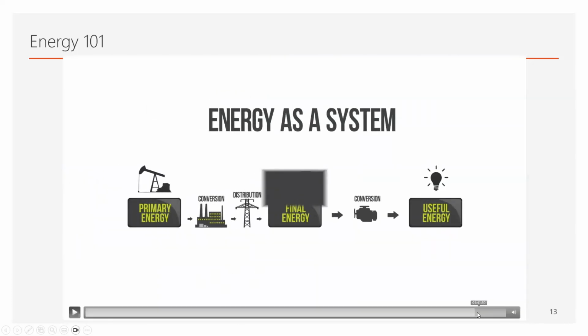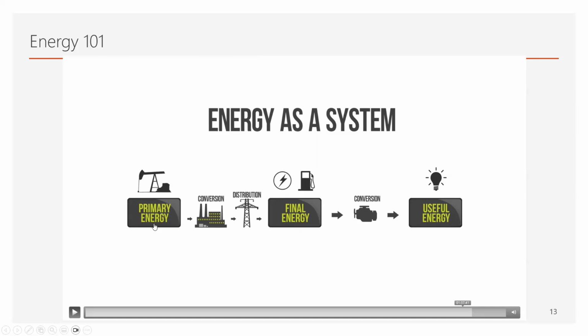If you look at this one, this is the primary energy resources, for example uranium or coal or fossil fuel. We have an energy conversion here, and then we convert this primary energy into electricity. It might be something else, like fuel for a car, but for this example let's consider electricity.